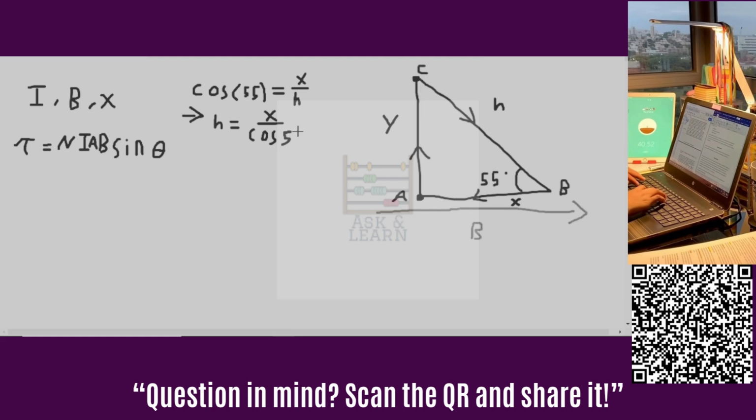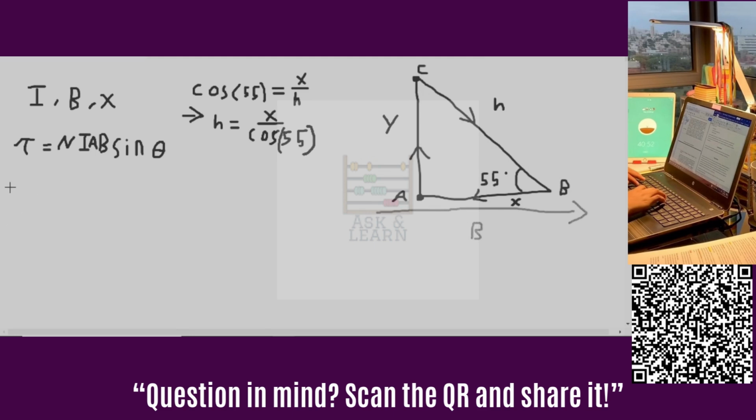And that will give you the length of side h. That's the simple, basic definition of our cosine function. So x divided by cosine of 55 gives you this length. Now we have the length, and we can put that in for A. We can simply call A L in this case because it's just the length.